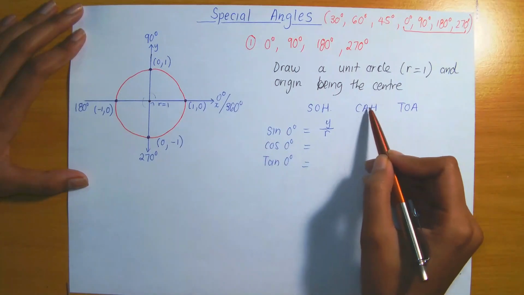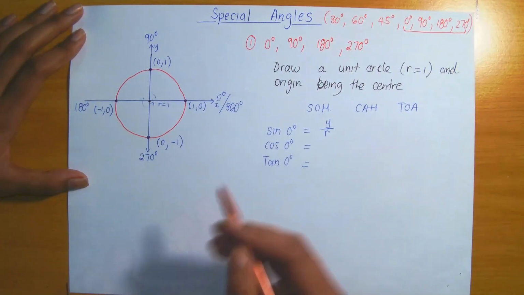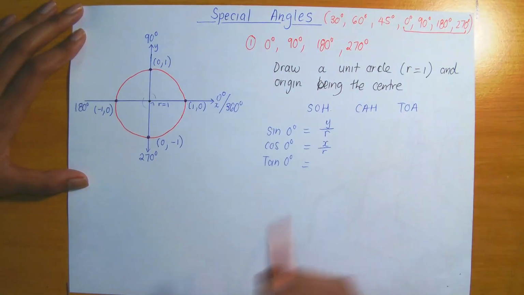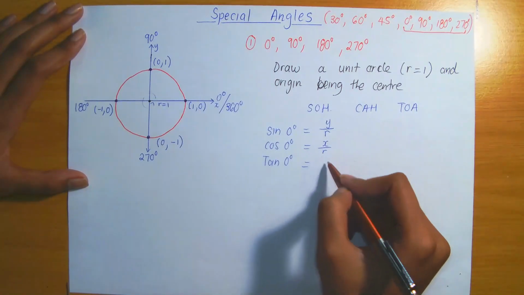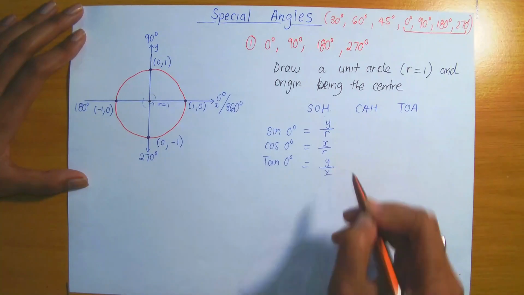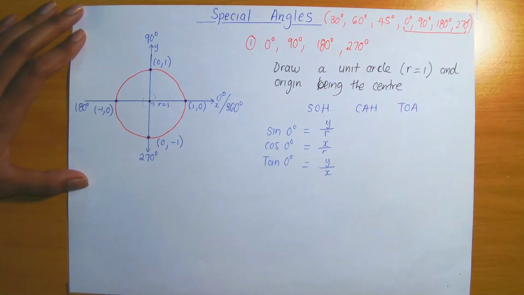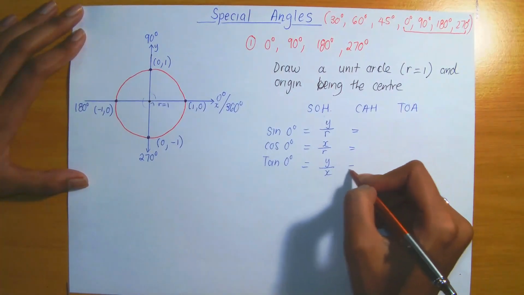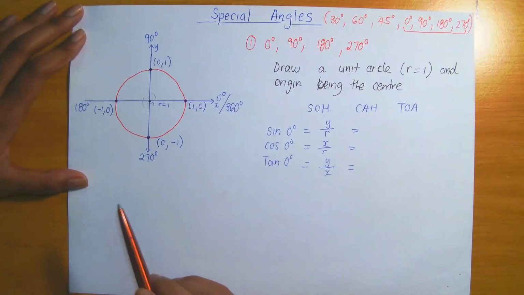For cos, it's CAH, adjacent over hypotenuse, that translated to x over r. And for tan, TOA, opposite over adjacent, translated to y over x. So I'm now using the interpretation that we obtained from the xy plane for this. And since we now have all of our ratios, what do they equal?